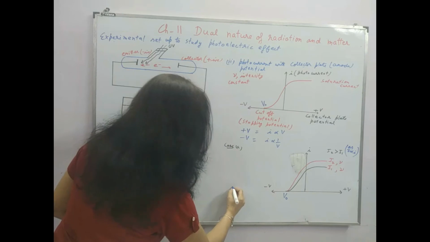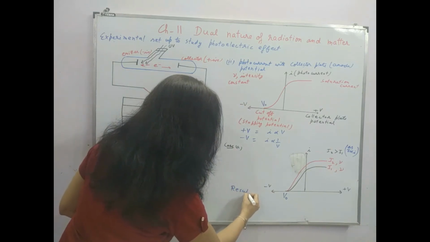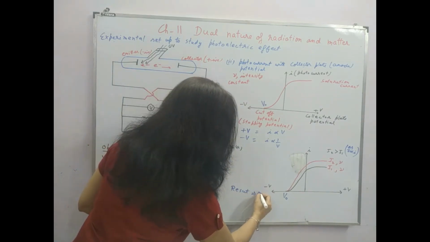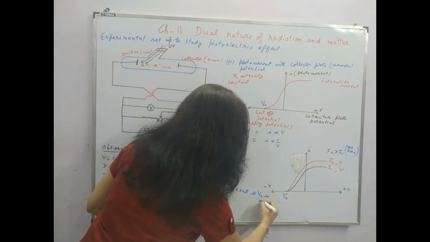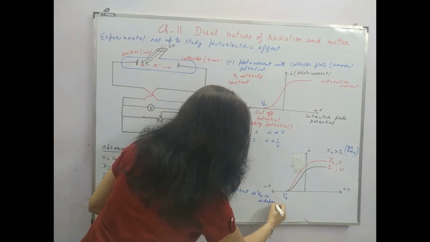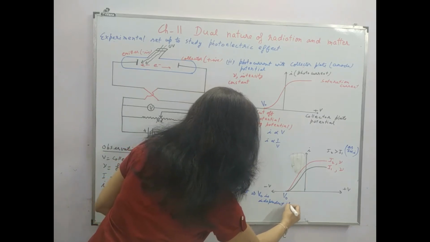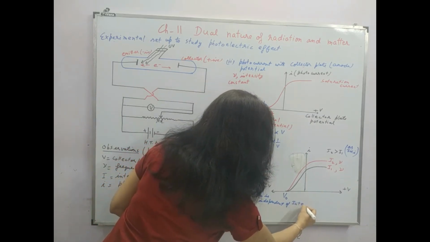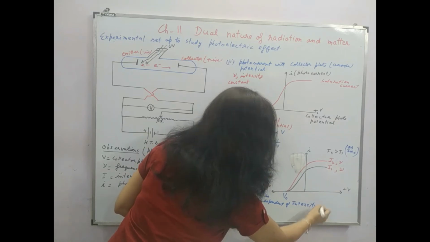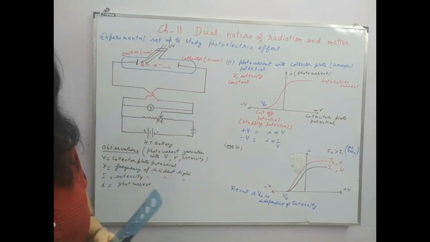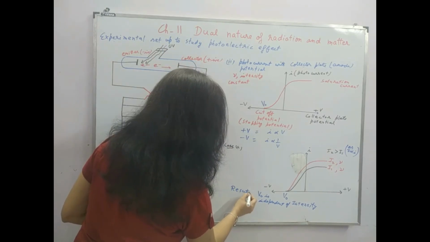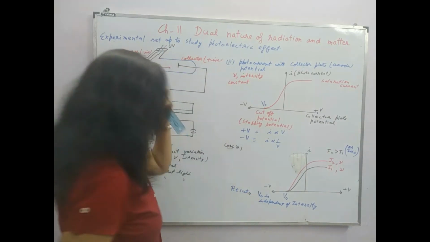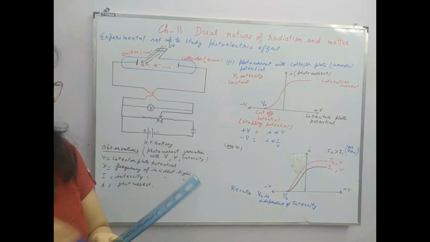So what is the result for this? That cutoff potential is independent of intensity. That means it remains same if intensities are changed, right? So this is one important result here.